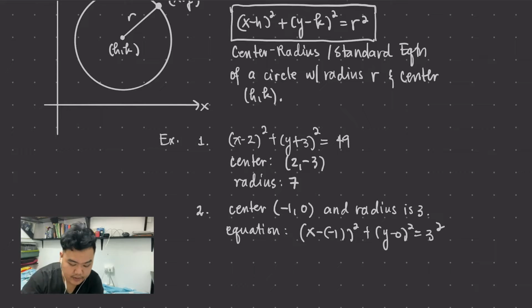Let us simplify. Whenever you see a minus negative, it means it's a plus. So we get (x plus 1) squared. y minus 0 is y, so you get y squared, and 3 squared is 9.